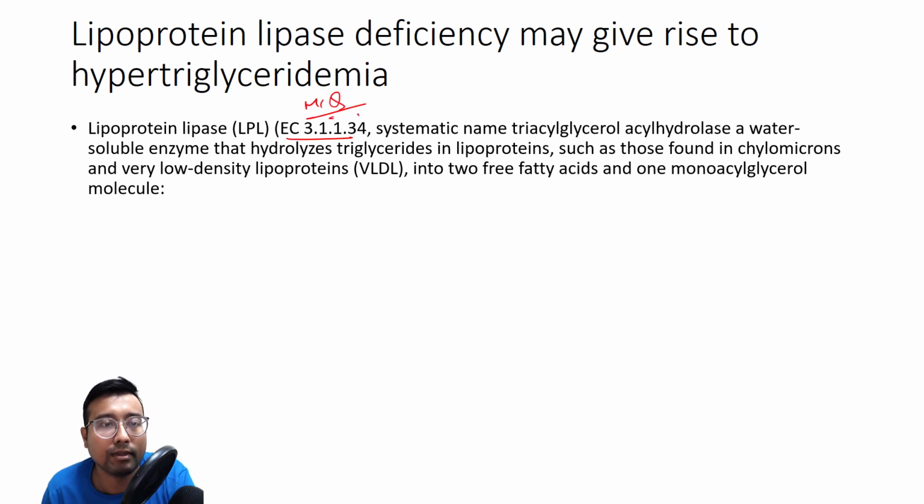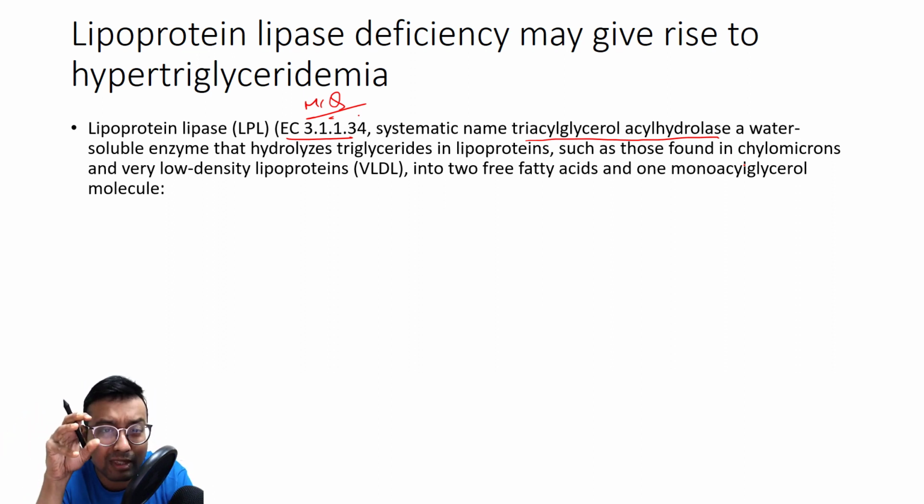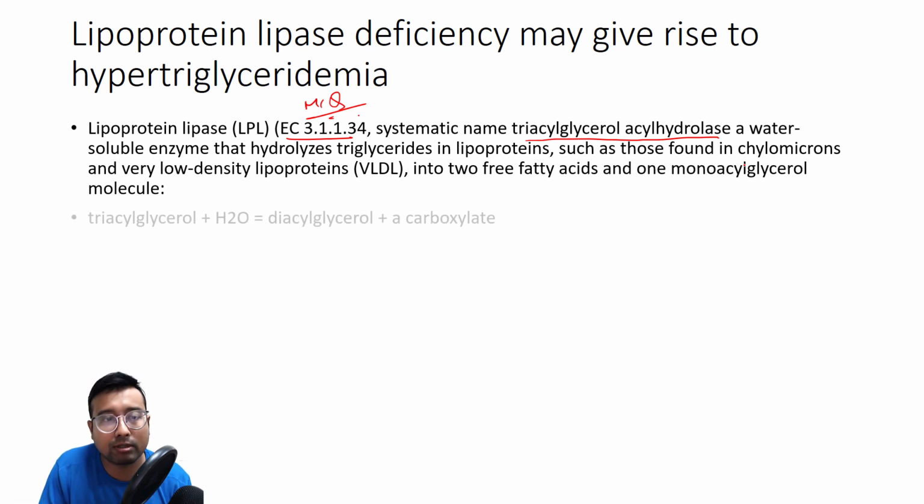Lipoprotein lipase is an enzyme whose chemical nature is actually triacylglycerol acyl hydrolase. It is a water soluble enzyme, again an MCQ point. For first year student, what you need to know is it hydrolyzes triglyceride. It breaks down triglyceride into what? 3 fatty acid and 1 monoacylglycerol molecule.